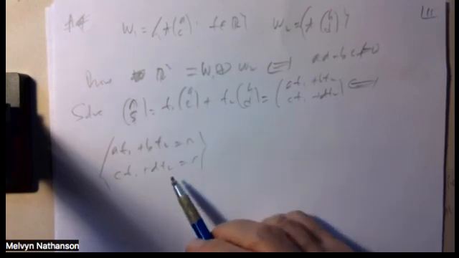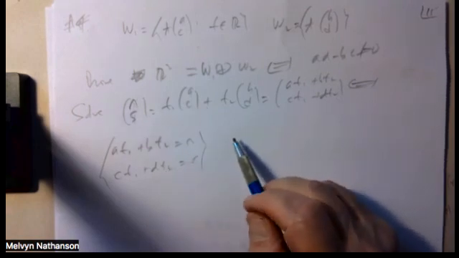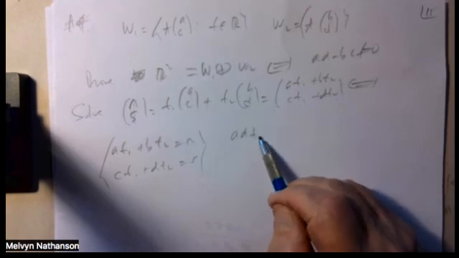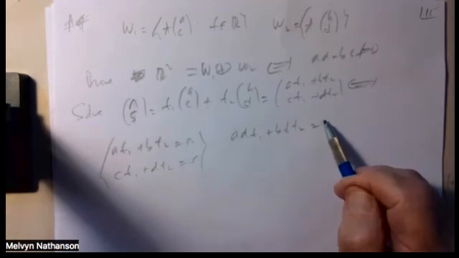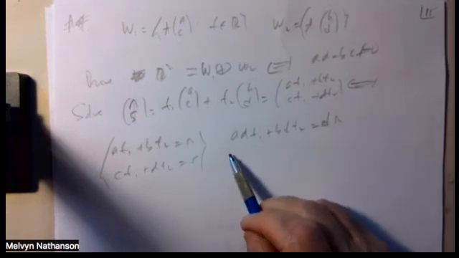So let's just solve the equations. If we eliminate t2, I can take the first equation and multiply it by d. I can take the second equation and multiply it by b.